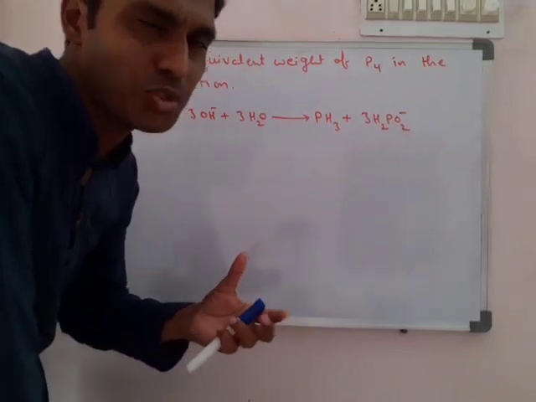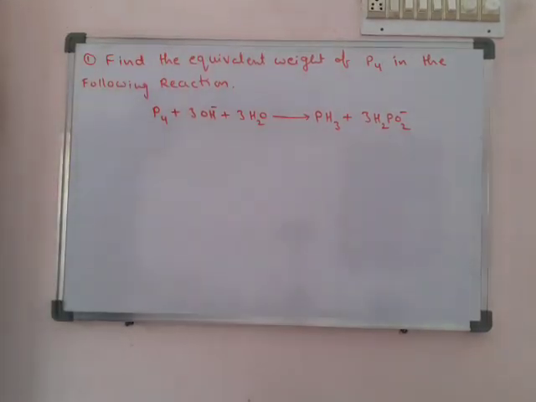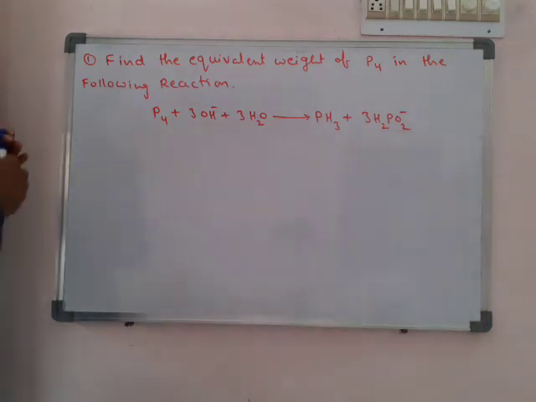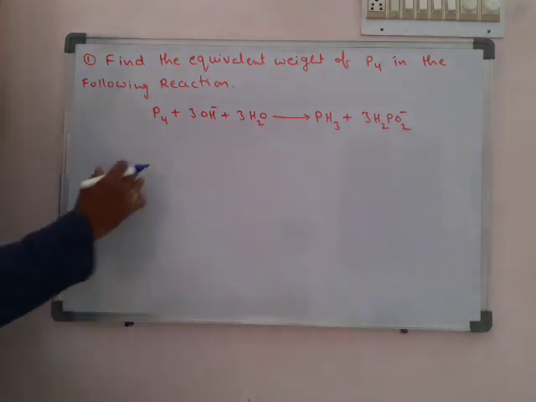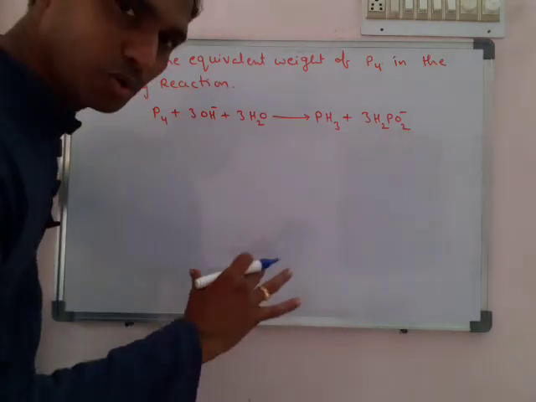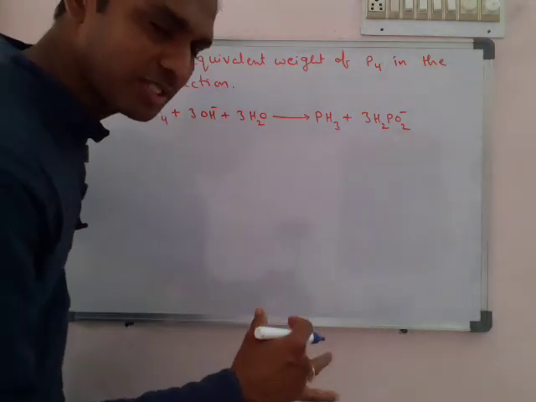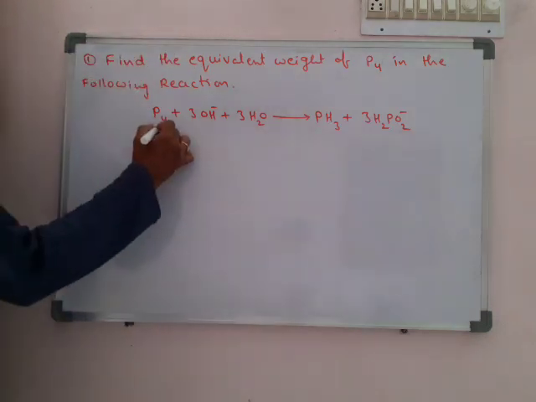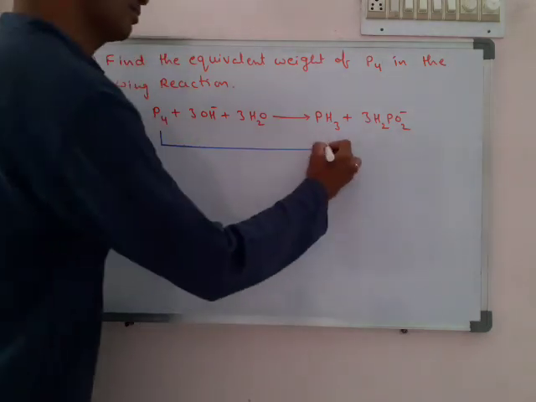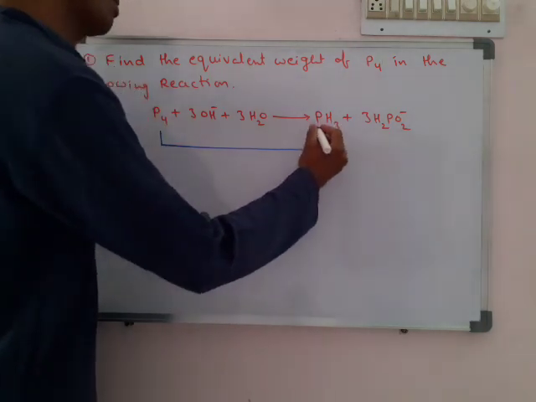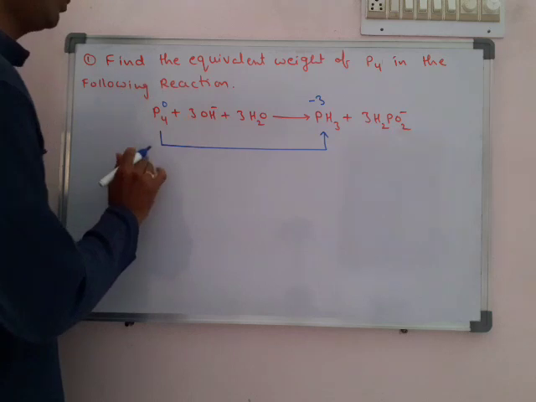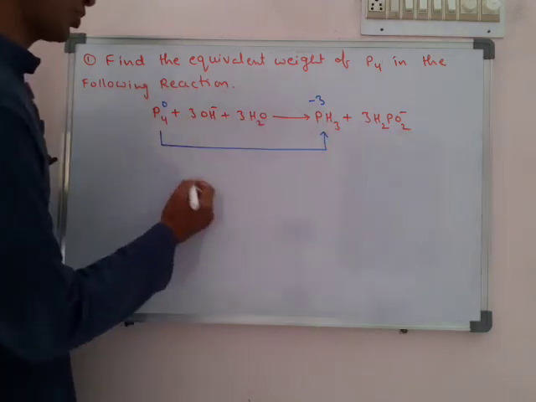When there are two reactions like this, how to do it? First we need to write both changes, find out the equivalent weight for each, and add them. Very simple. So first, P4 becomes PH3. So it is a reduction. P4 is 0, phosphorus in PH3 is -3, reduction.